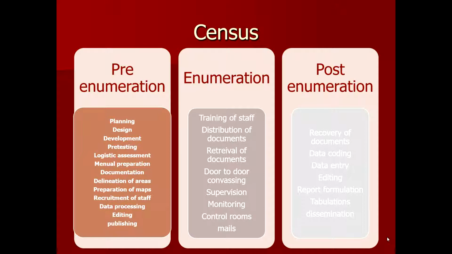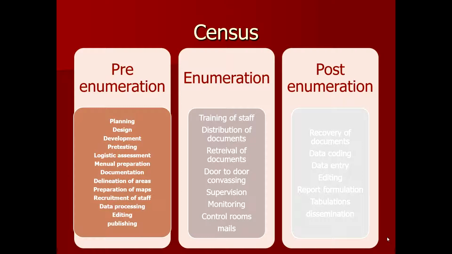Then the whole planning phase is discussed with the government of Pakistan, and if changes are recommended, they are edited, and then the planning phase is published for dissemination of the information to the population. Then comes the enumeration phase.